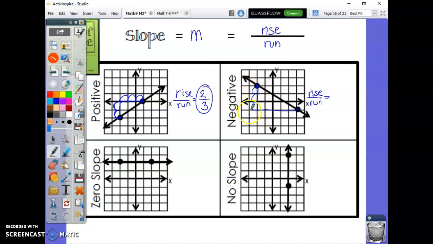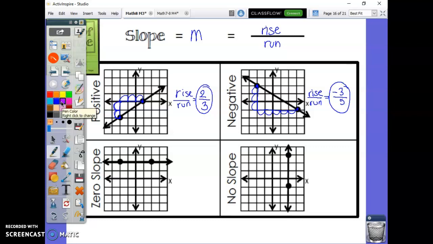When we're going downwards, that's a negative movement, so that's negative 3. And 1, 2, 3, 4, 5 units to the right. Any movement towards the right is a positive movement, so that's negative 3 over 5. So that's our slope, negative 3 over 5.